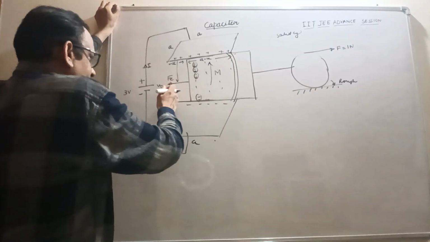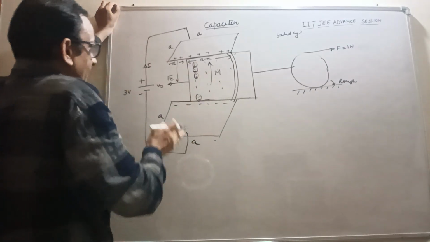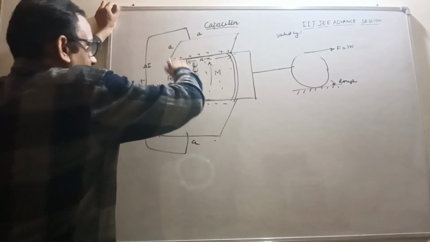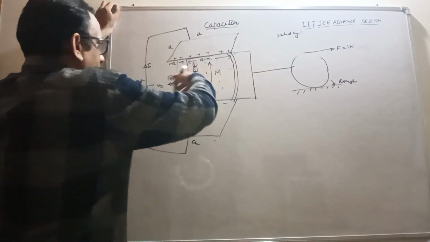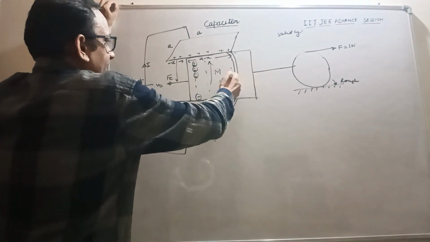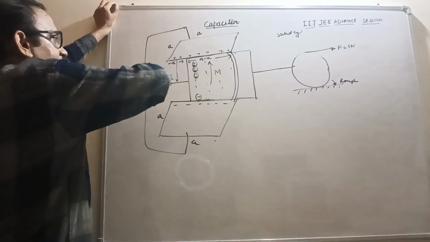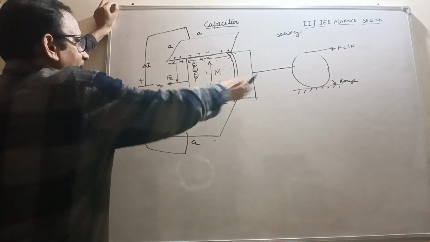Thereafter, when it reaches here, the fringing effect applies a pulling force in the opposite direction. So the movement is here, thereafter the movement is here. So it oscillates.